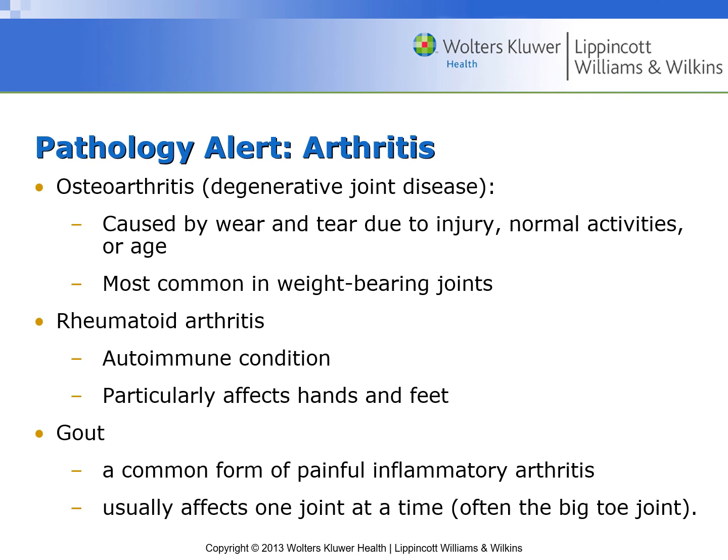When we talk about rheumatoid arthritis, this is an autoimmune condition, and it is particularly evident in the hands and the feet. And then we have gout. Gout is a common form of painful inflammatory arthritis, and it usually affects one joint at a time, quite often the big toe joint.